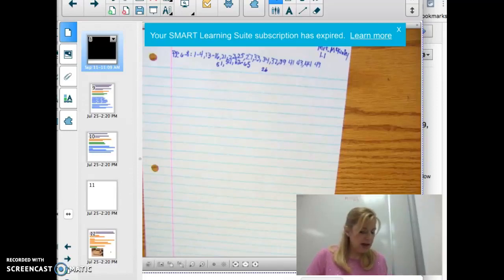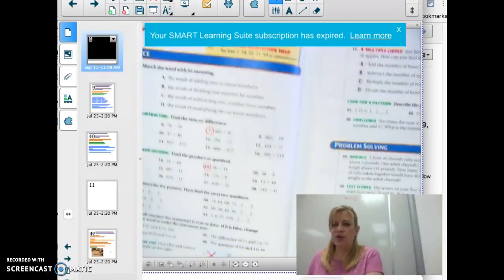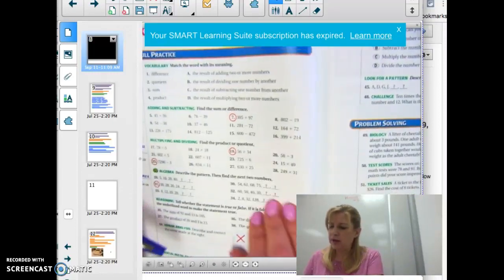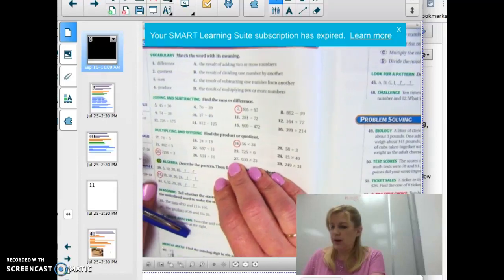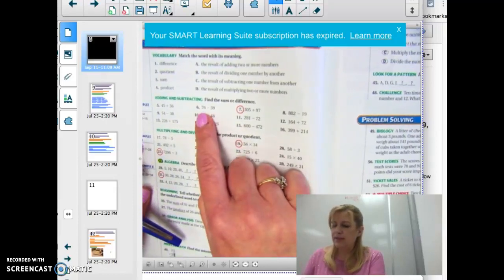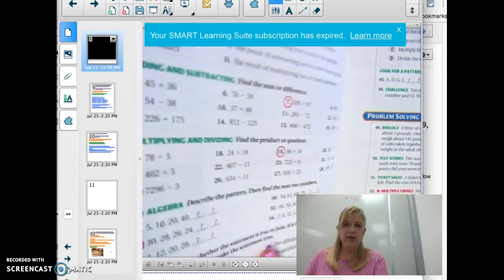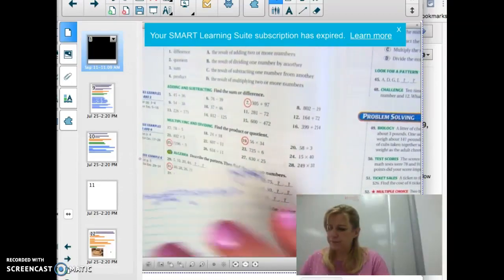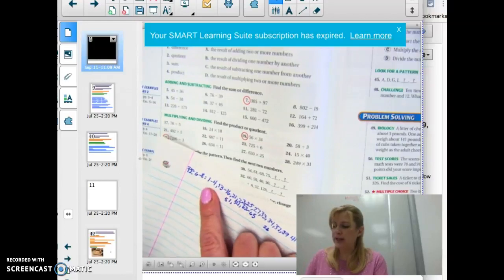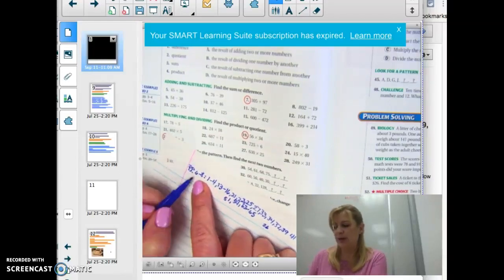And so when you get your math book, you are going to see this page in your math book. So you will start with number 6, find the sum or difference. So for number 6, you would copy down, or 1 through 4, I guess, I was thinking problem number 6.